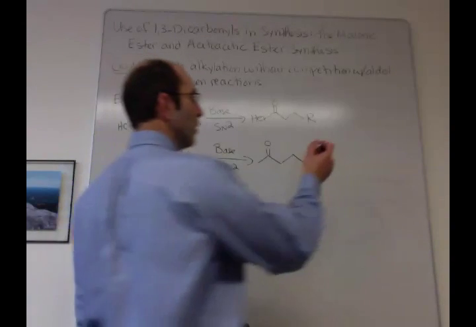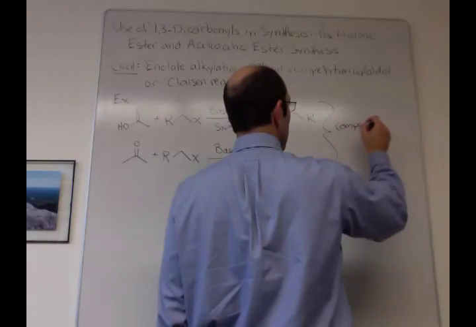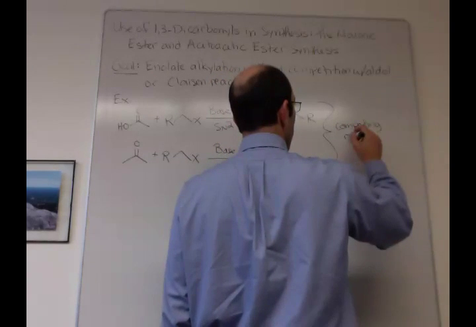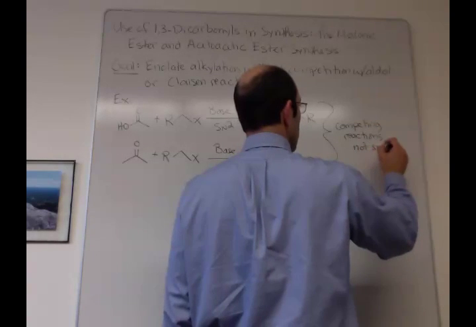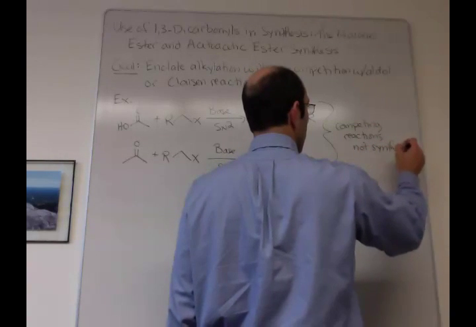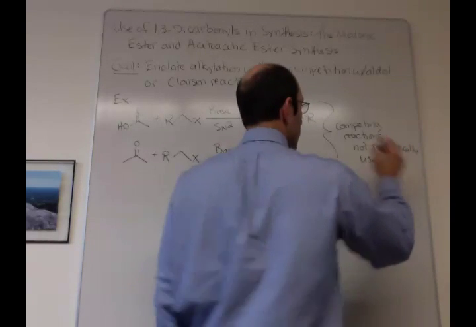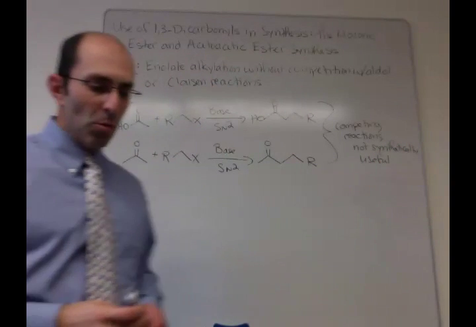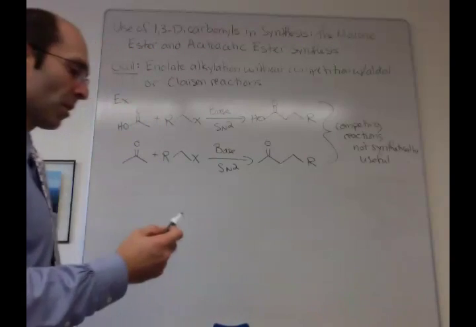So the problem with these is that we have competing reactions, right? These things are not synthetically useful. Okay? So what we want are ways around problems like this, right?